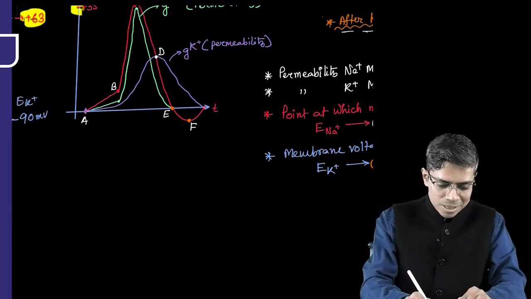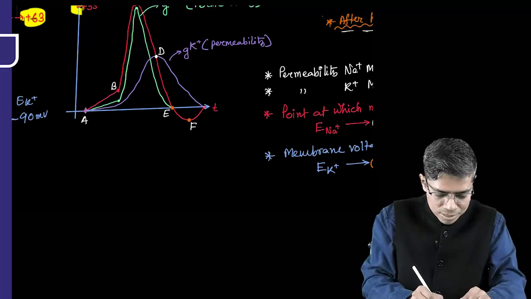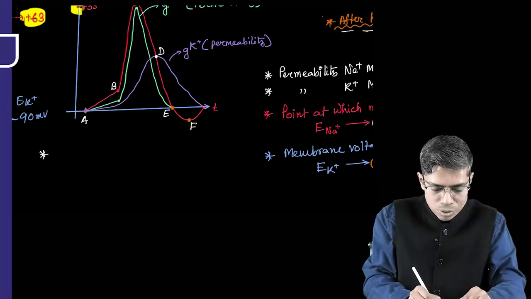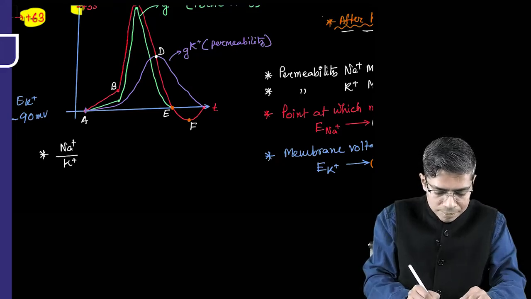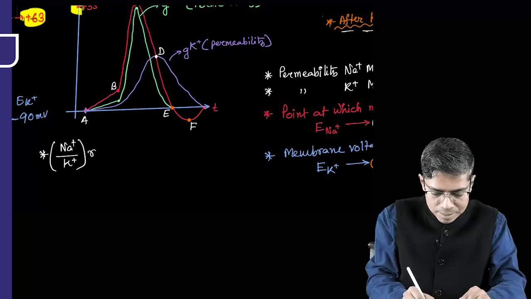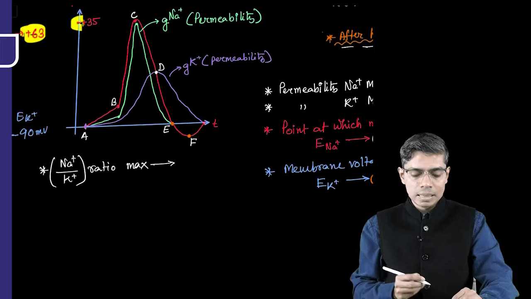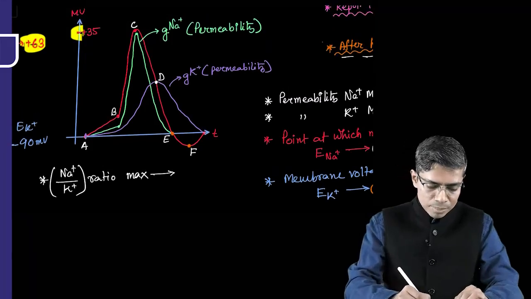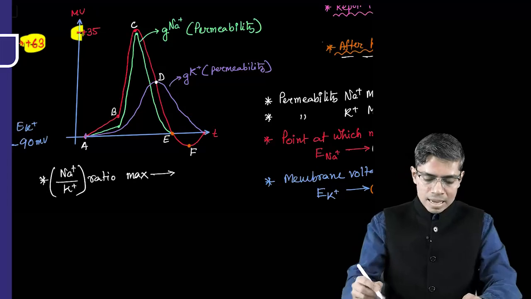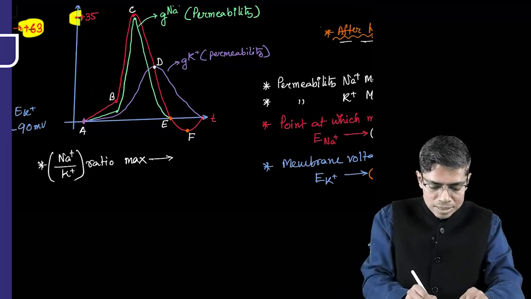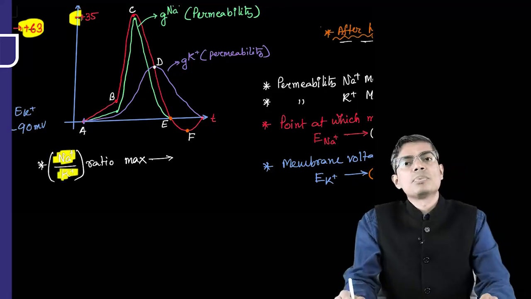Now another question that is a bit more dangerous. Okay, not that dangerous. The question is: at which point is the sodium permeability upon potassium permeability ratio maximum? If I look at point A, point B, point C, I have to consider how many sodium channels are open and how many potassium channels are open.